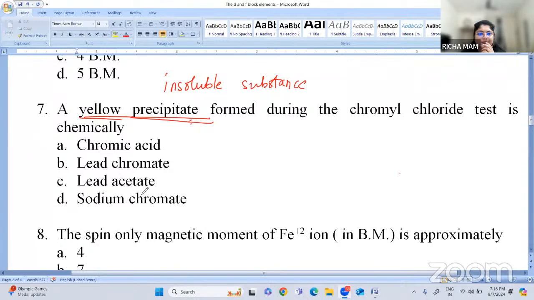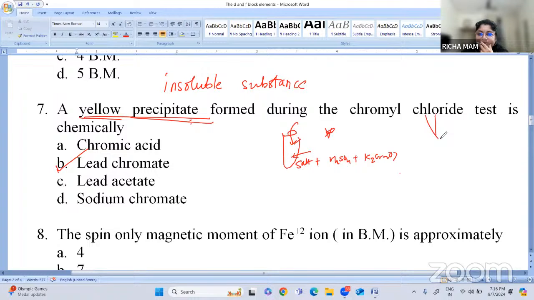Yes, others? The answer is due to lead chromate, right? After passing the red vapors, what we have done in the test tube is: the salt is there, you have added H2SO4 and K2Cr2O7, then heated it.